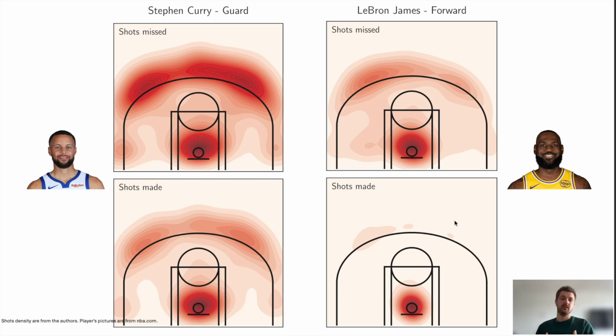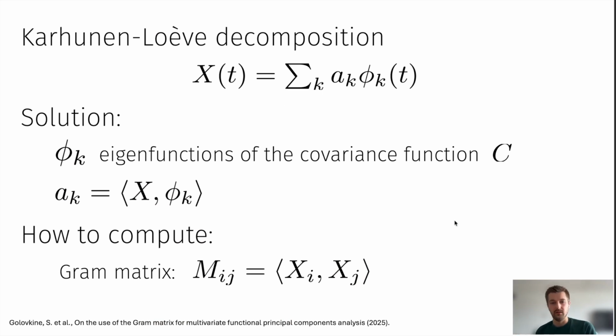After doing that, the idea was to say, okay, can we find a typology of the players where the densities look alike? To do so, I'll briefly mention the mathematical method.